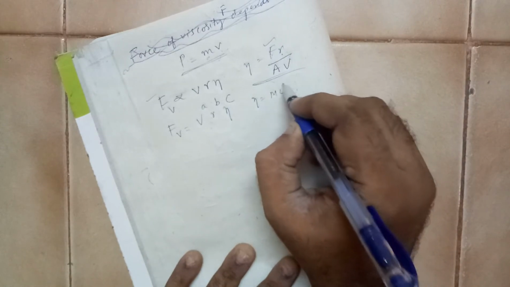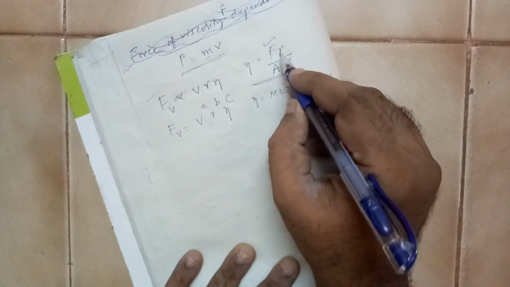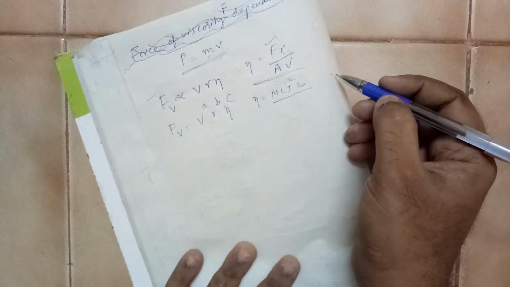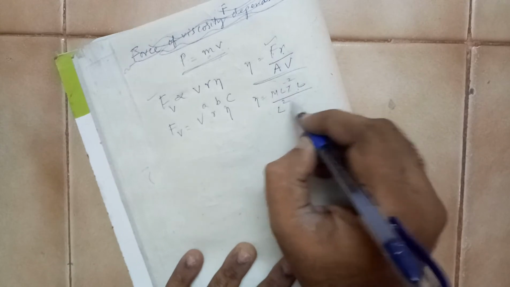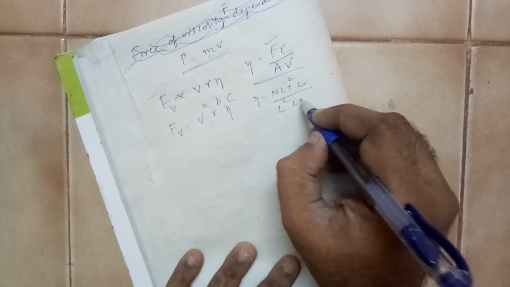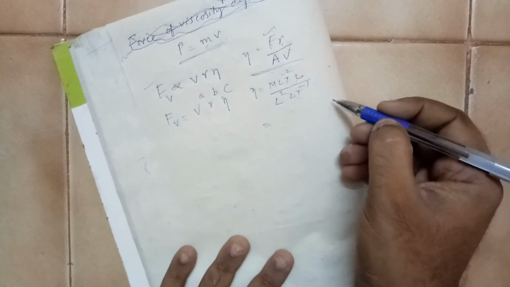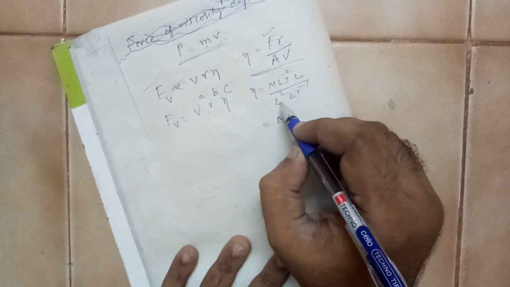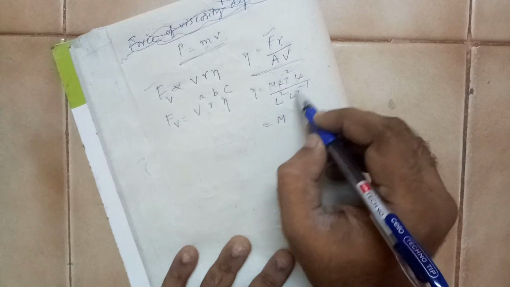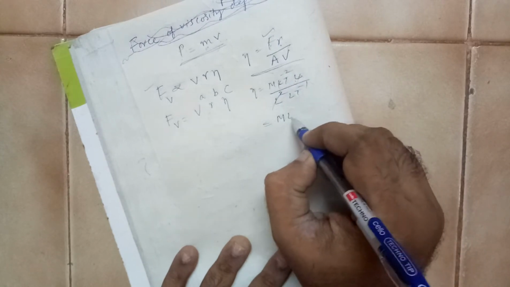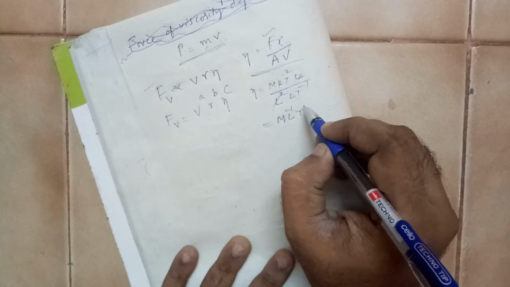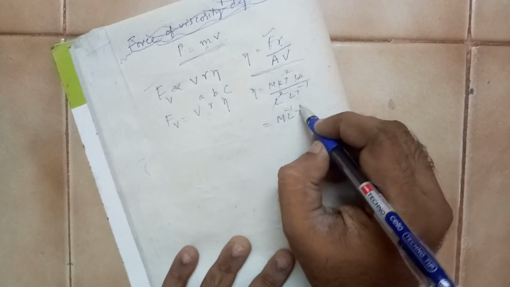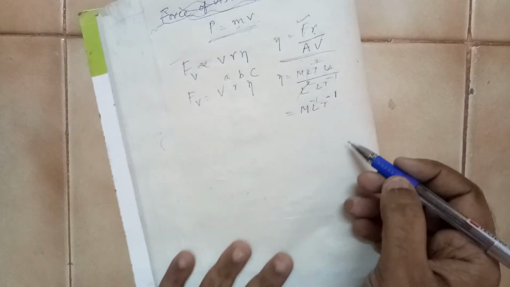M L T^-2. Radius is length, so L, divided by area, L square, and velocity, L T^-1. So the dimensional formula becomes M L square, this is gone, L^-1, T power, this is minus 2 divided by minus 1, minus 2 plus 1, this becomes minus 1.